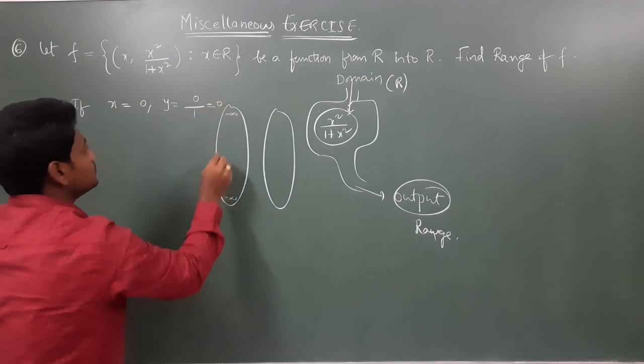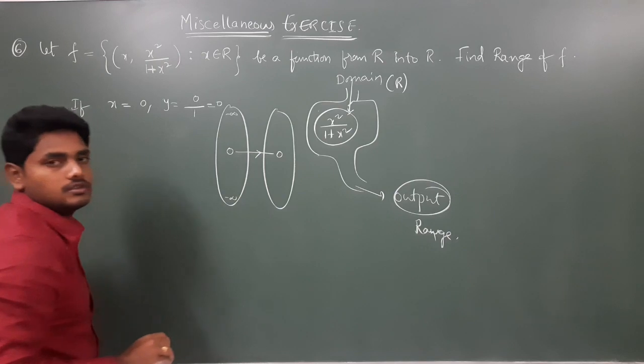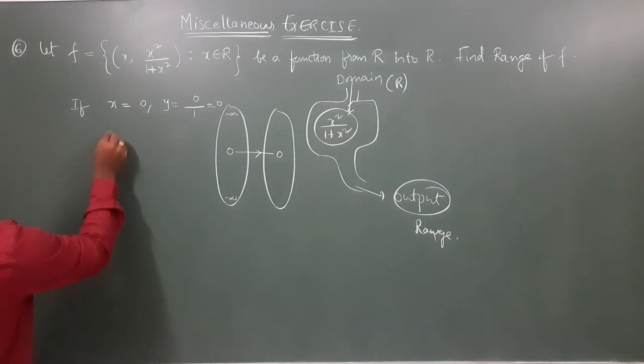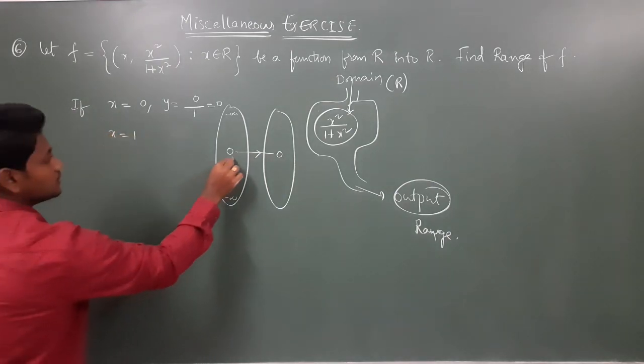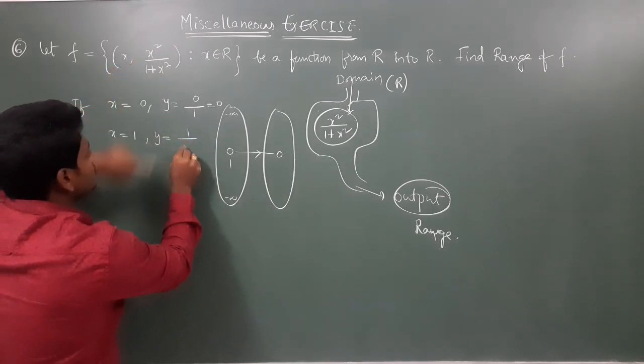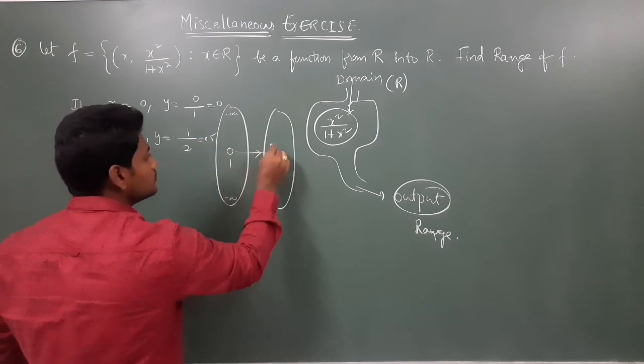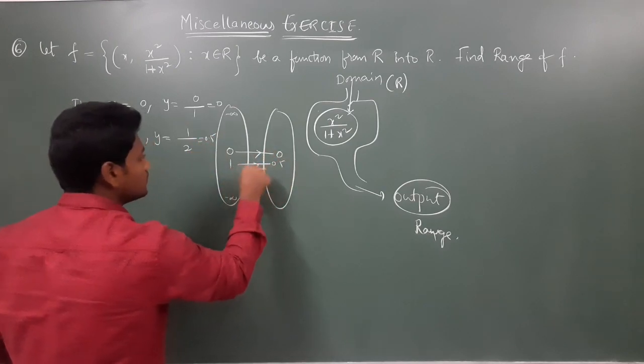So if it is 0, it maps to 0, right? Next, if x is equal to 1, y is equal to 1/(1+1), nothing but 1/2, which is 0.5. So 1 maps to 0.5.